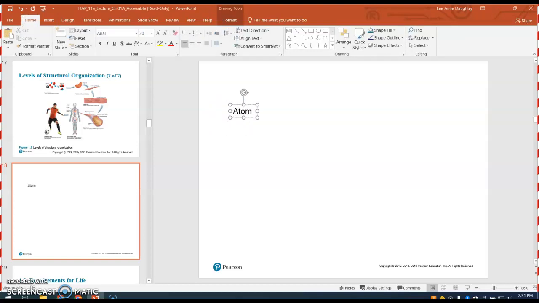Atom, molecule, and you see if you can do this as I'm doing it. Organelles, cell, tissue, organ, organ system.